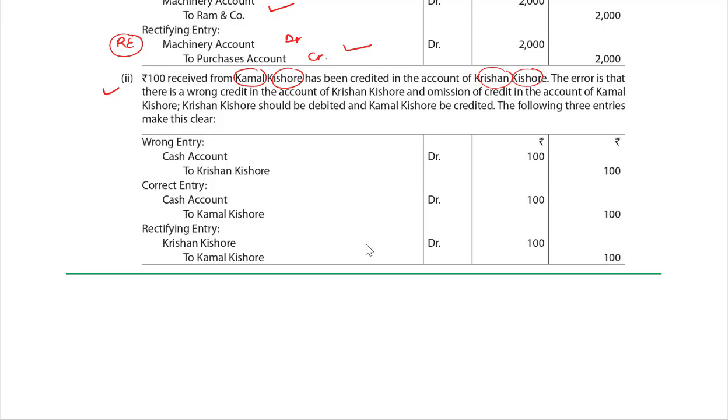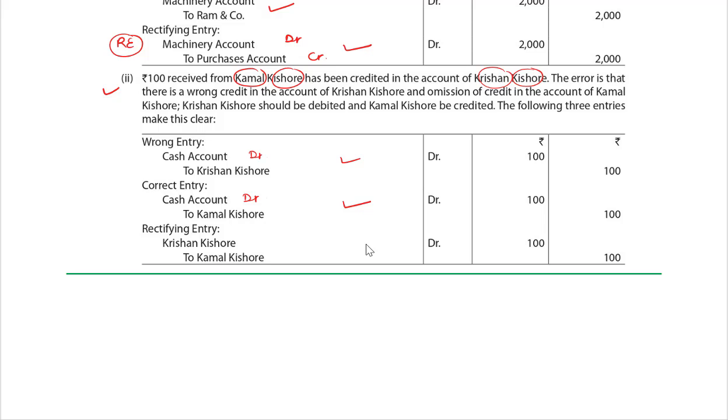What entry should we pass? Cash account debit to Kamal Kishore 100. What entry have we passed? Cash account debit to Krishan Kishore 100. So the cash account is correct. We should not rectify that. So ideally, in the correct entry, we should credit Kamal Kishore.